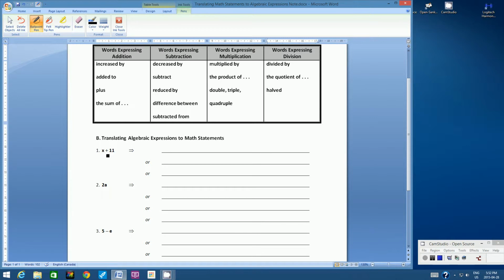So we have x plus 11. Well, what's x? X is unknown. So whenever you see a variable, whether it's a, x, z, it doesn't matter, you're going to substitute that for a number. Okay, so let's start right away on this line, our first example. A number.